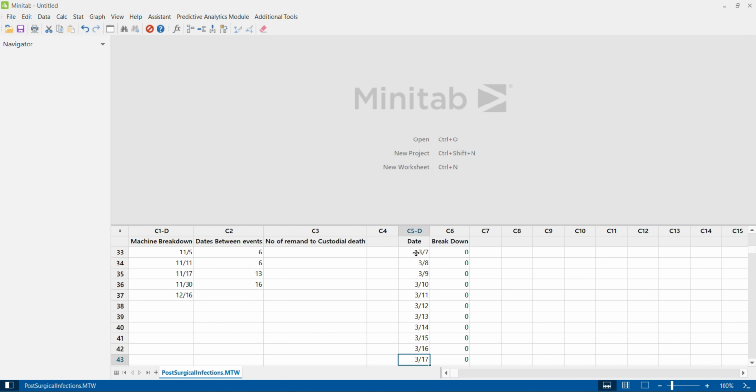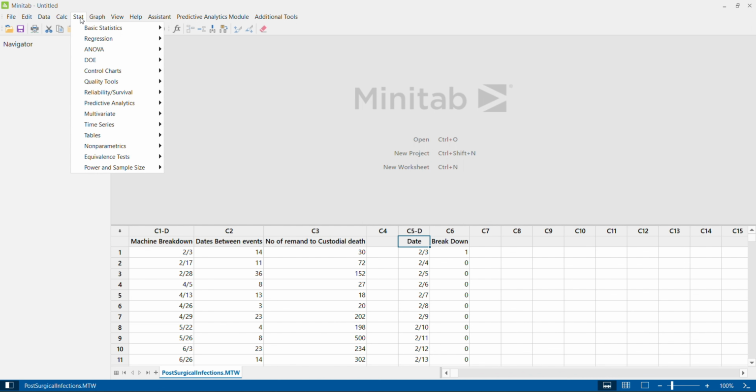Again, if I scroll down, there is no breakdown. Again on 5th of April there is a breakdown. The entire March there is no breakdown. So this is how this data will look. And as per the general process, for a count of event graph, we go for a C chart.